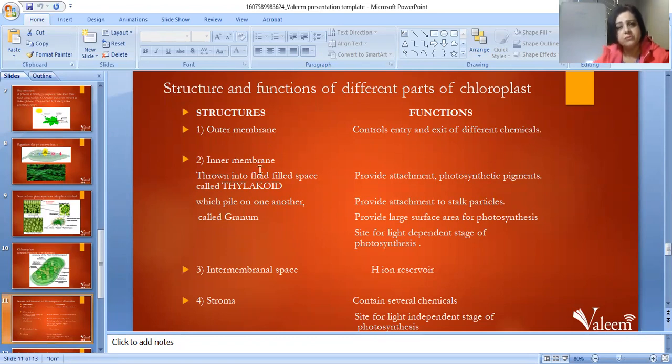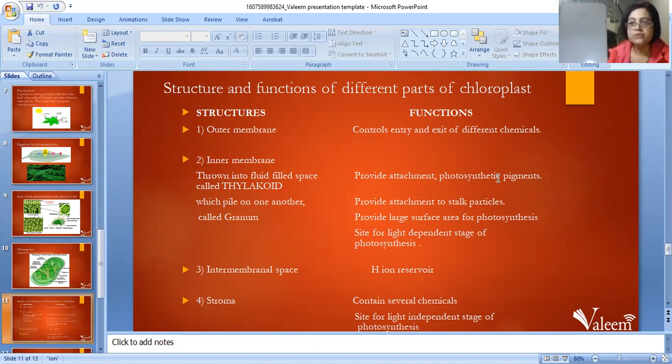Its function is to control entry and exit of different chemicals. Similarly, coming to the inner membranes. Inner membranes are thrown into fluid-filled spaces called thylakoid, which pile on each other. And each stack is called granum. Now, what is the function? You can see I have numbered 3 functions over here. The first function is that they provide attachment to photosynthetic pigments, meaning those pigments which help in photosynthesis, and you know one such pigment is called chlorophyll.